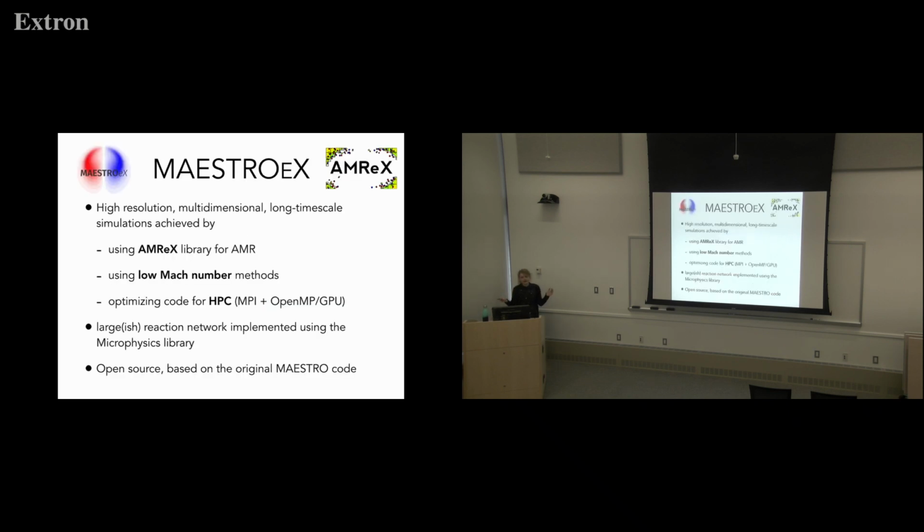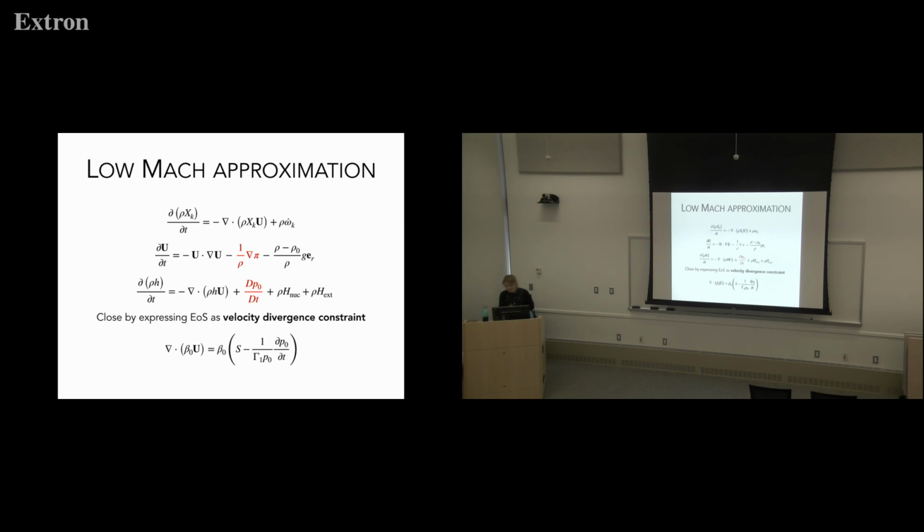Okay, so how do we solve these equations? So we have our code MAESTROeX. Sorry, but just go back one. You said that instead of an equation of state, you express the velocity divergence. If you want to do this for degenerate matter, where does that equation of state come in?